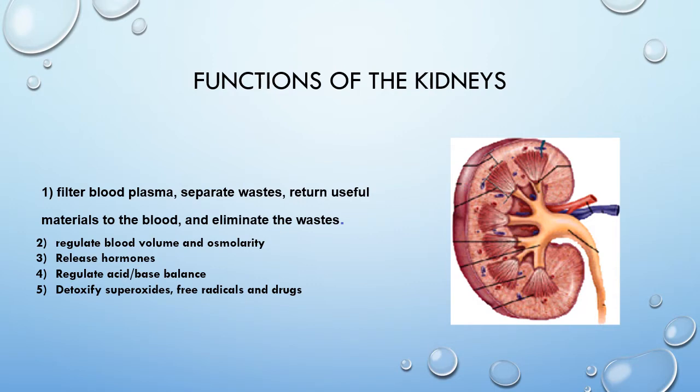It binds with them and it releases them into your urine. Superoxides, you know, oxygen is written as O2. Superoxides would be like O4, O6. Also, if we're talking about free radicals, those are ions that are not bound to anything, and both can be very problematic.